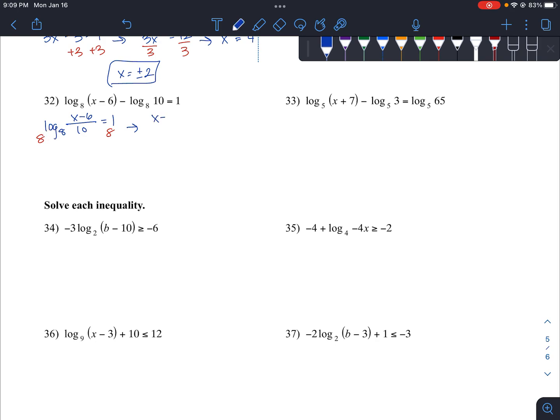I'll be left with x minus 6 divided by 10 equal to 8 to the first power, which is 8. I'll multiply both sides by 10. These would cancel, and I'll be left with x minus 6 equal to 80. And then I'll add 6 and add 6. I'll get x is equal to 86.